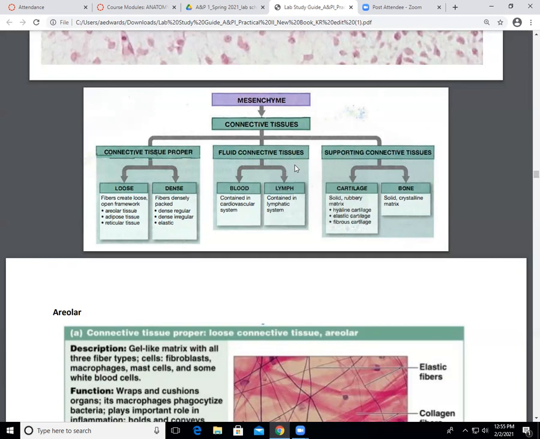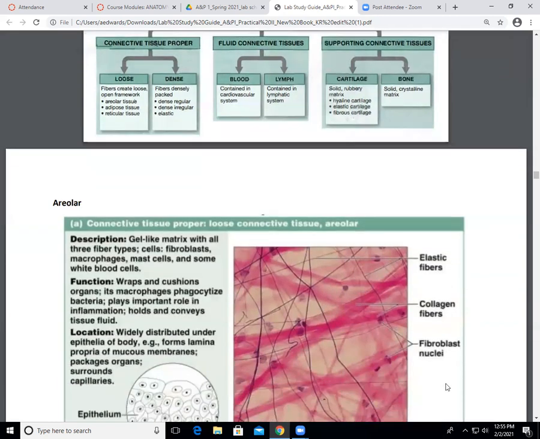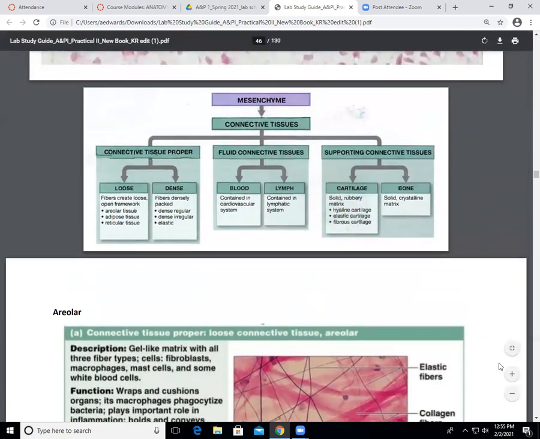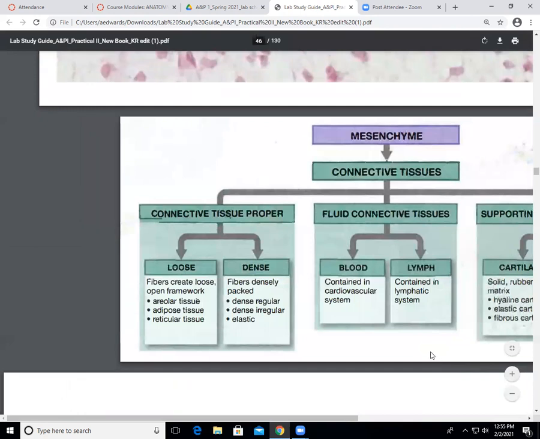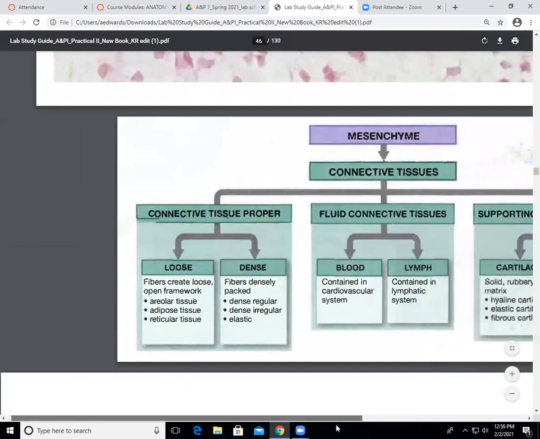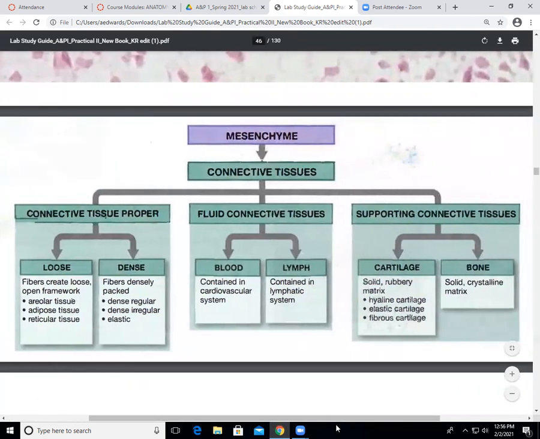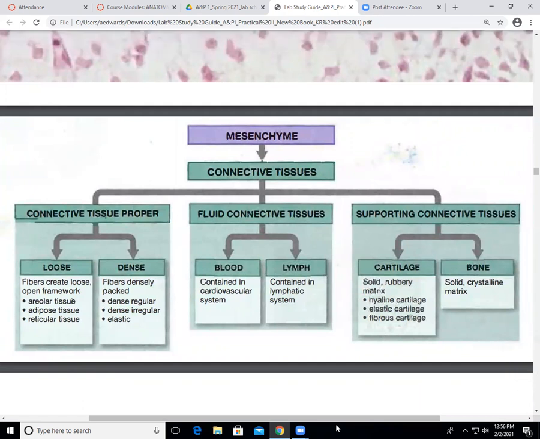I know that's hard to see. All right, so is that a little easier? See the different categories? Connective tissue proper, fluid, supporting.